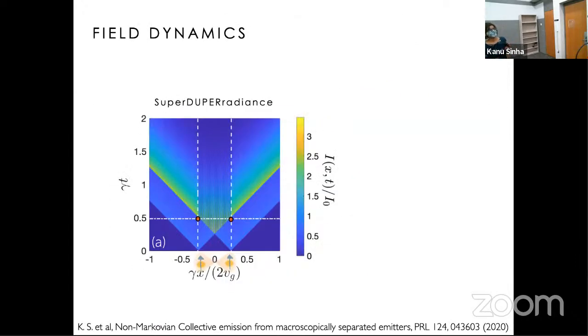Let me get there. The kinks are not disturbing because the system is in fact causal, right? In this picture, what we're plotting is the intensity emitted by the atoms as a function of distance and time. Here you can see the two light cones that are being emitted by each atom.